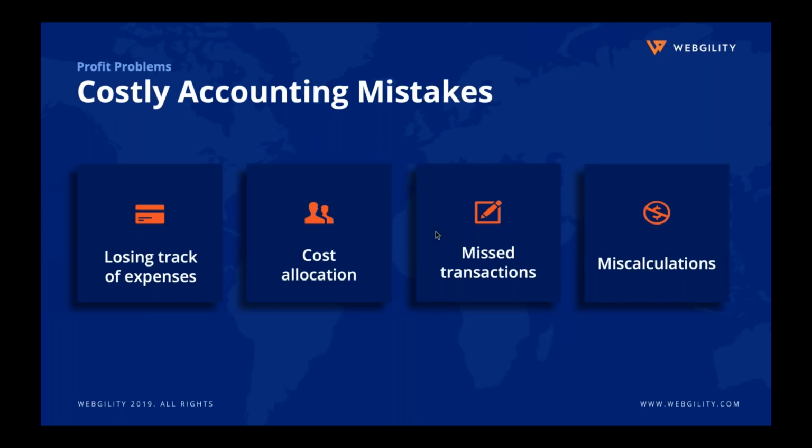And if you're manually still doing your accounting, and if you are a very small business and don't have a contracted or full-time accountant, it's pretty easy to make some accounting mistakes here. So you can lose track of the expenses.